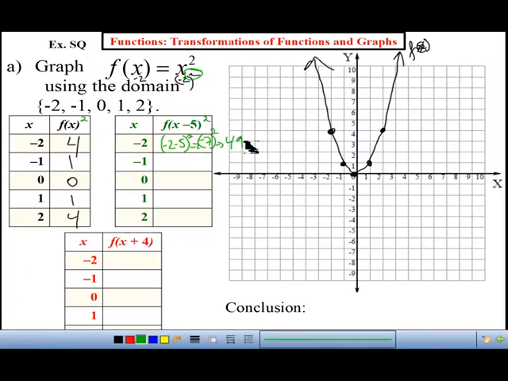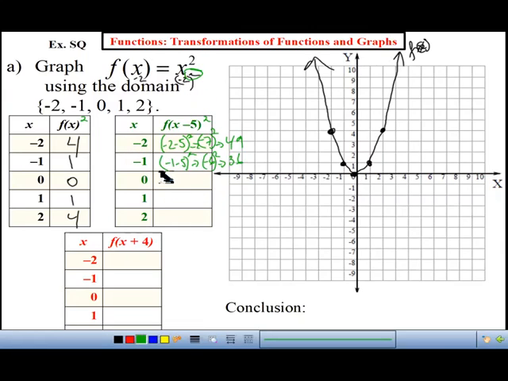Yeah. So look at the next value. X is -1. What is the transformation? -1 minus 5 is -6, squared, which is 36. You guys follow? So we need to do the operation to the x first before we do whatever the function is.